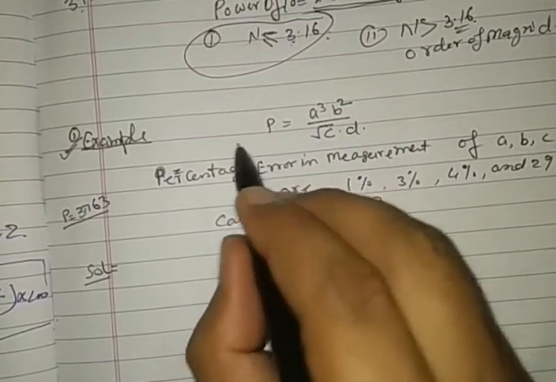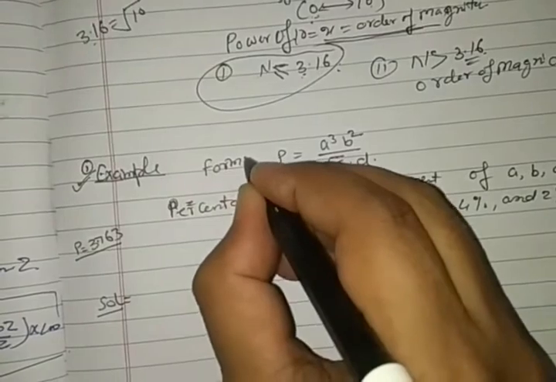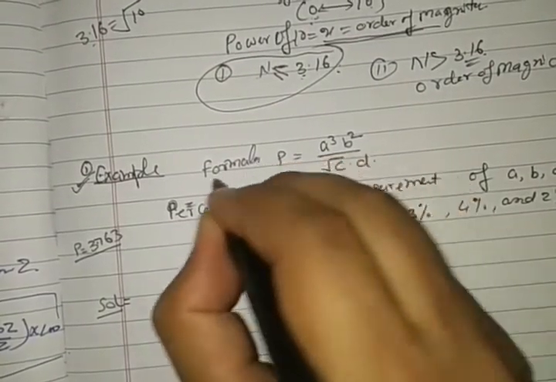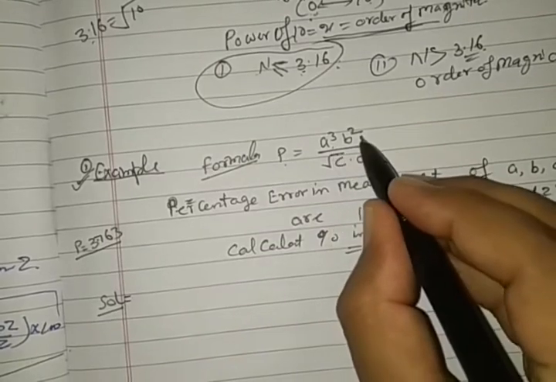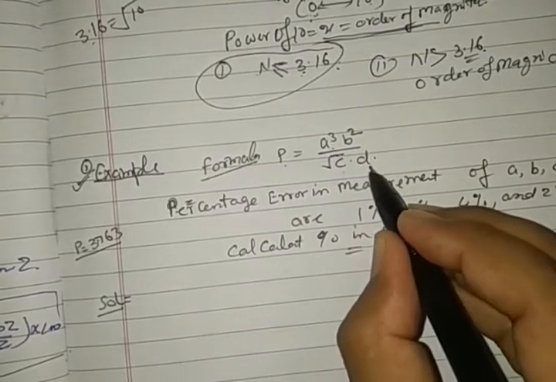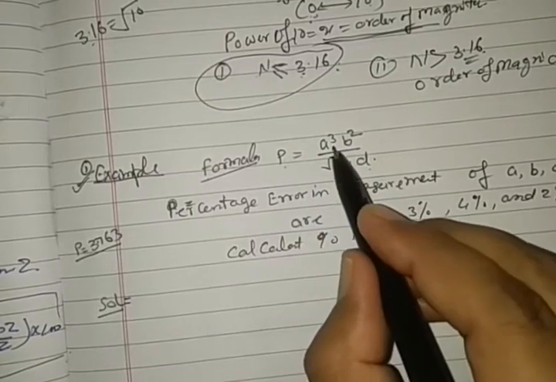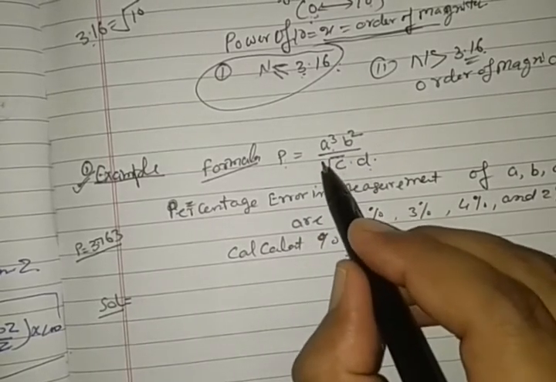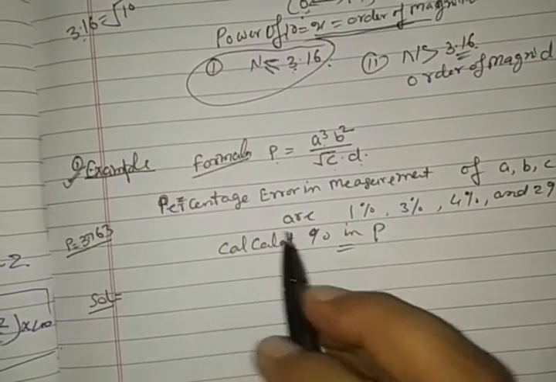A formula is given in this question: P is equal to A to the power 3 B square root C by D. It means quantity P depends on A, B, C, and D with their different powers.